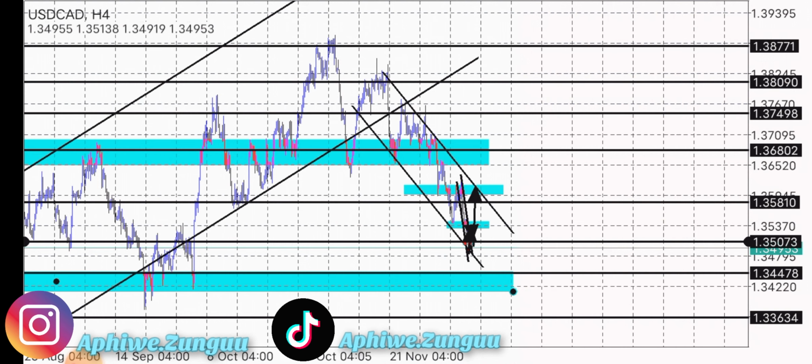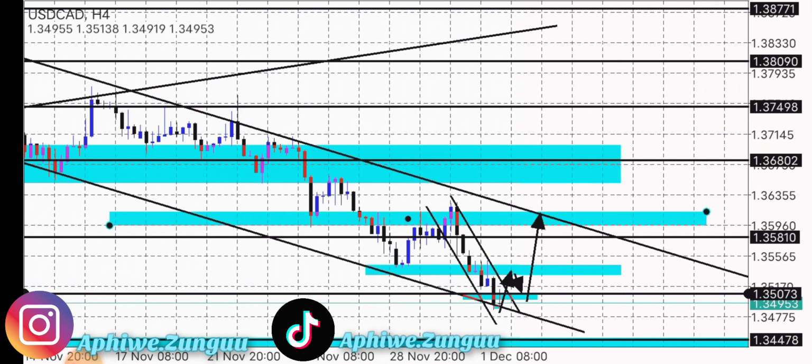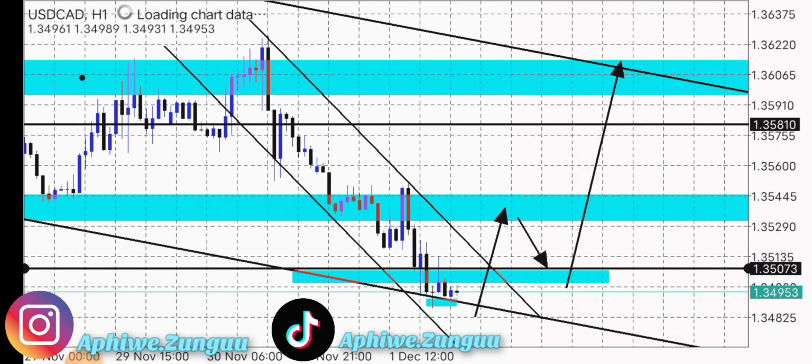I'm going to hold my sells up until this area right here, which is 1.34478. So that's where I'm looking at holding my trades. But yeah, that is USDCAD, ladies and gentlemen. This is what I'm currently anticipating.